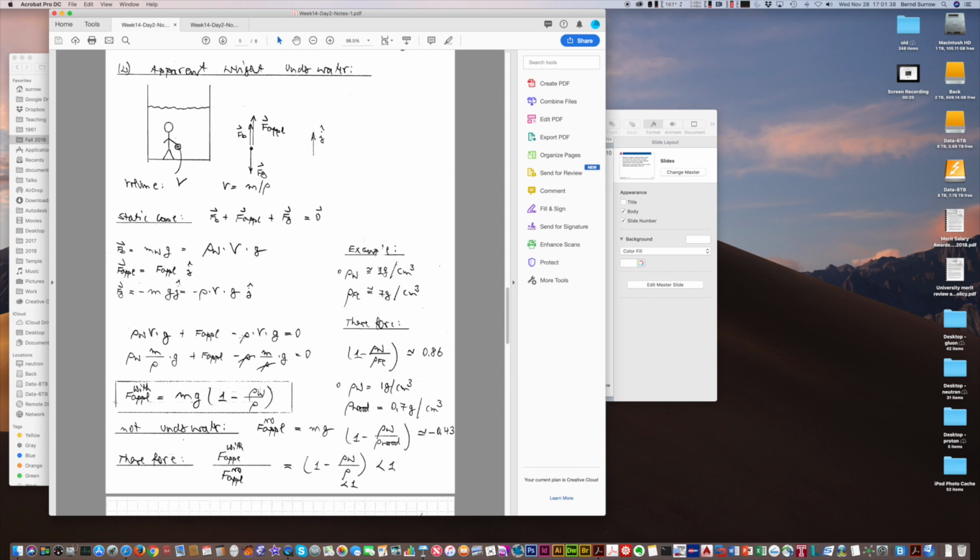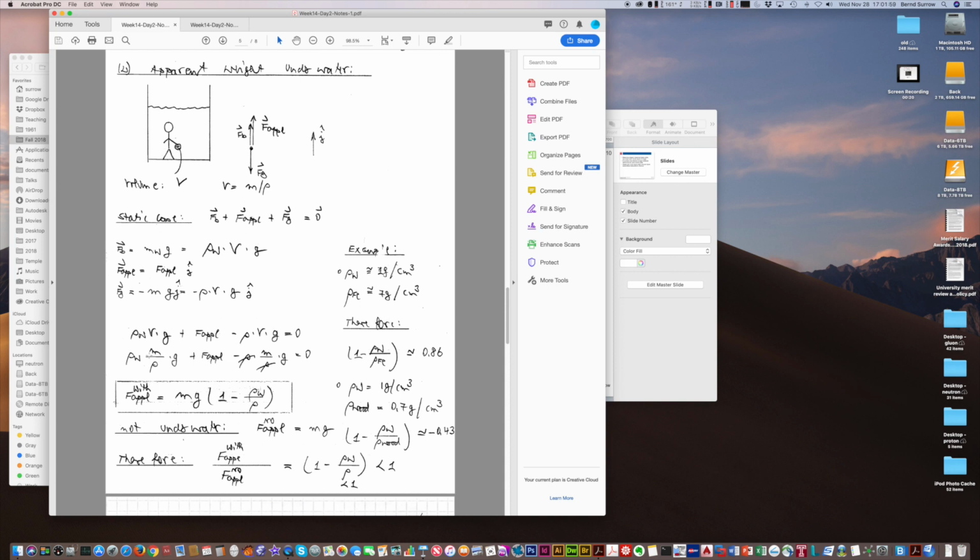And then, as you can see here, let's replace now the volume by the ratio of m over rho. Rho cancels out here for the density of this material. And let's solve this now for the applied force. So therefore, let's bring these two terms to the other side. So what do we have then?